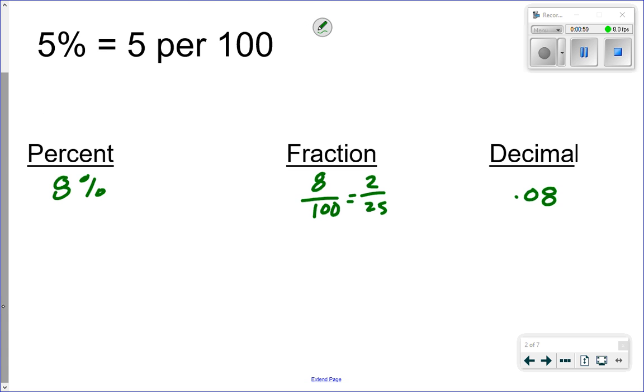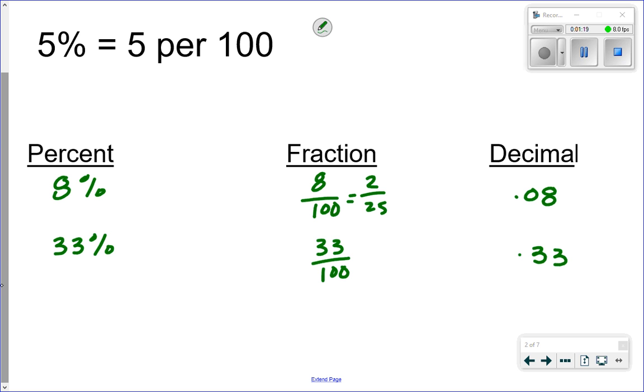Okay, then if I'm given the fraction, let's say 33 over 100, I need to be able to convert that to a decimal and also as a percent. So 33 over 100 would be 0.33. And then as a percent, it would be 33%.